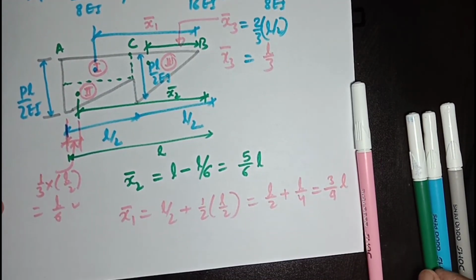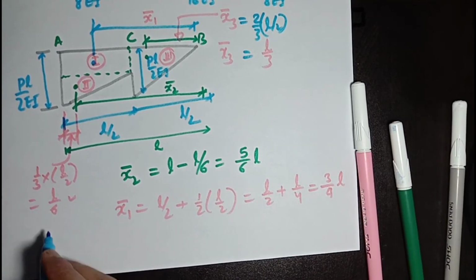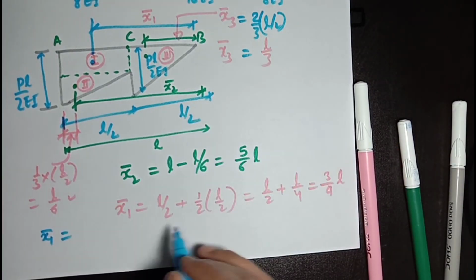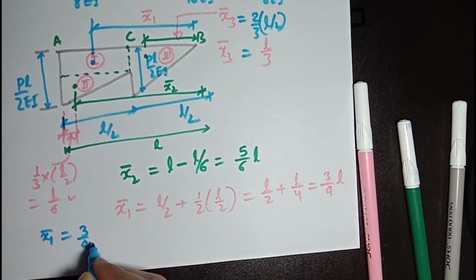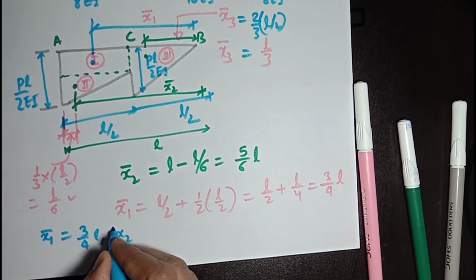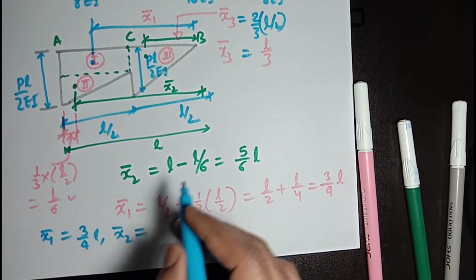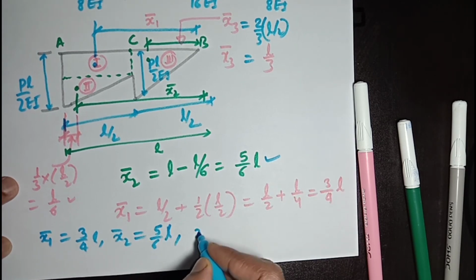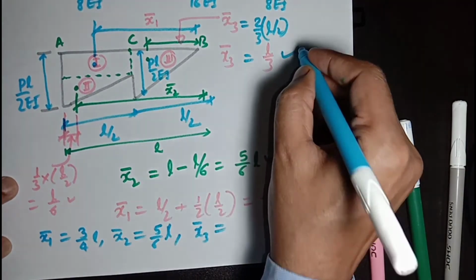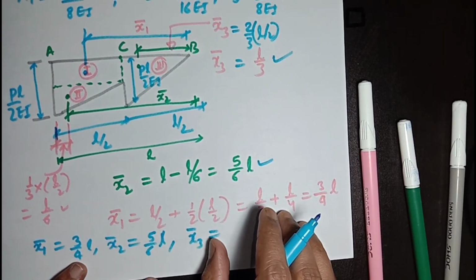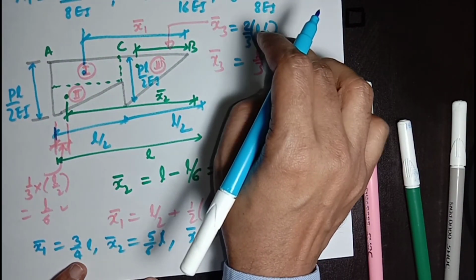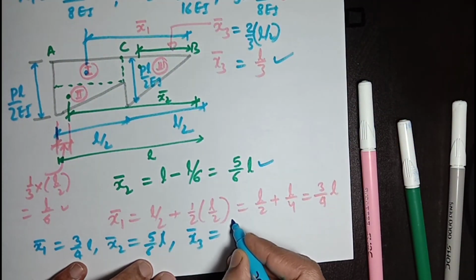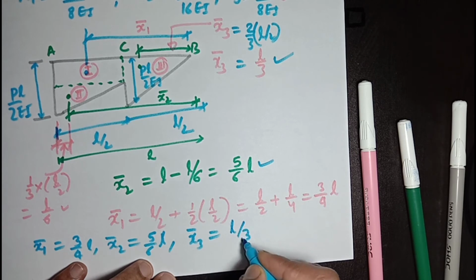So we can summarize here. x1 bar is calculated as 3 divided by 4 L, x2 bar is 5 divided by 6 L, and x3 bar is L by 3, that is 2/3 of L by 2, the 2 cancels, L by 3.